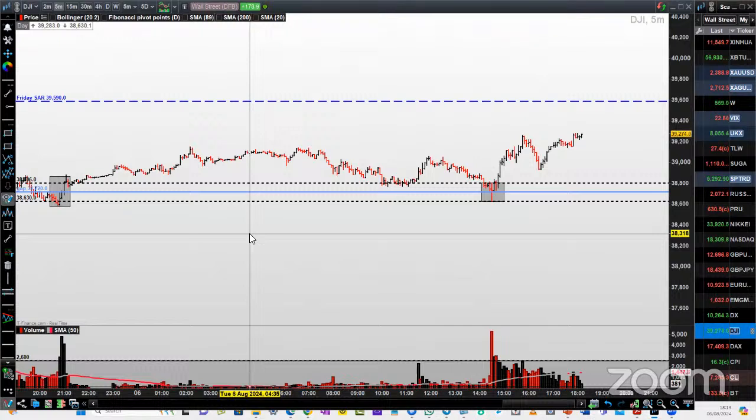Because if it moves to the upside, all the Americans will do is drag it back where they want it. 9 times out of 10. Not every day, but 9 times out of 10. Now, if you get a move, there's various setups. Another setup is where you've got the market gapping up or gapping down.